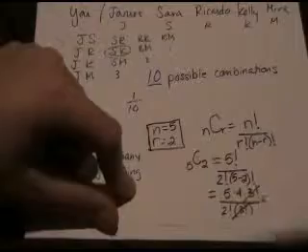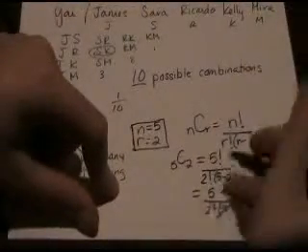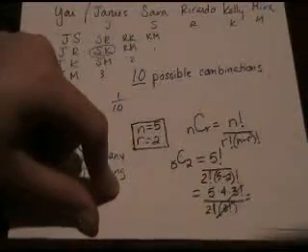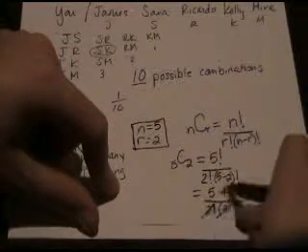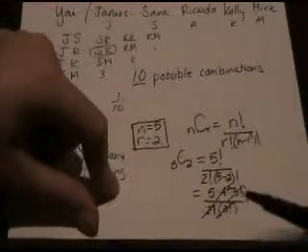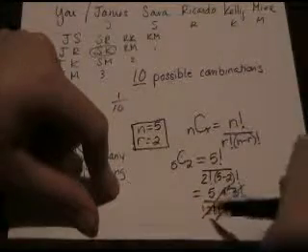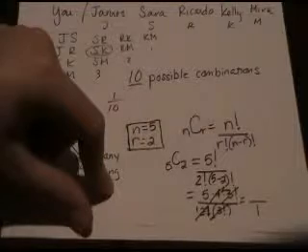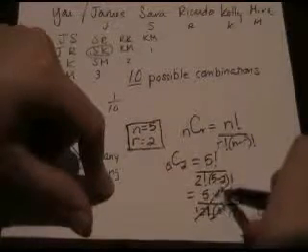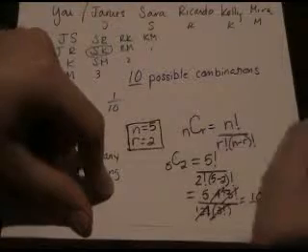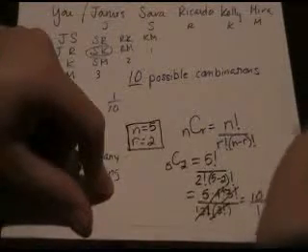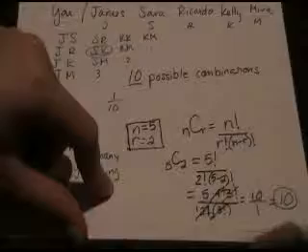So now when we're ready to simplify that, 2 factorial is just 2 times 1. And 2 goes into 4 twice. So in the denominator, all I have is a 1. And the numerator is 5 times 2, which is 10. Well, would you know it? It's exactly what we got before.